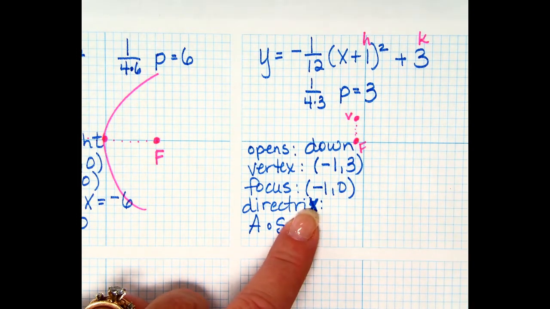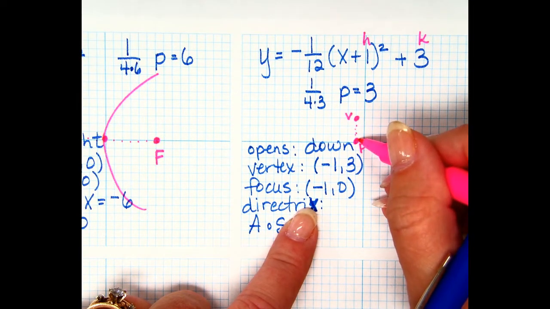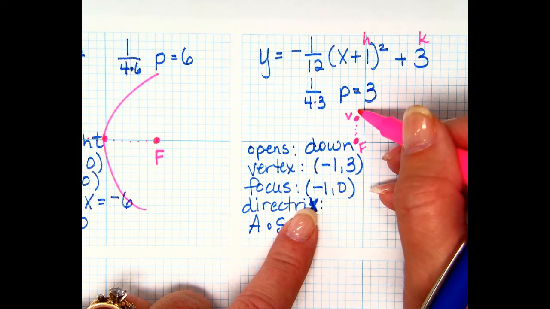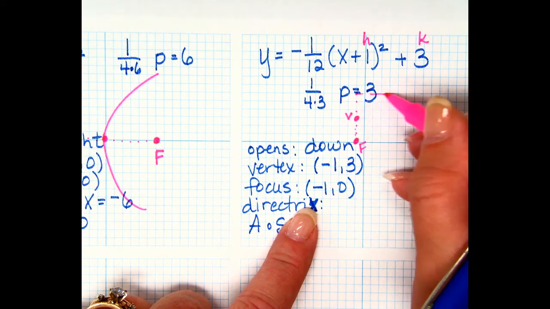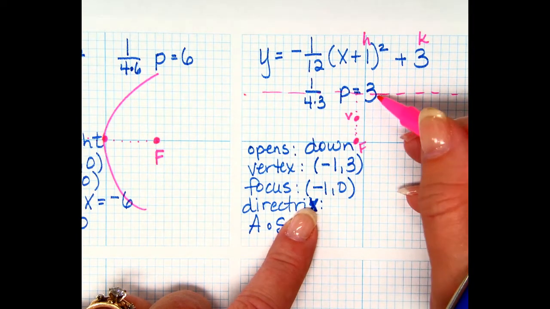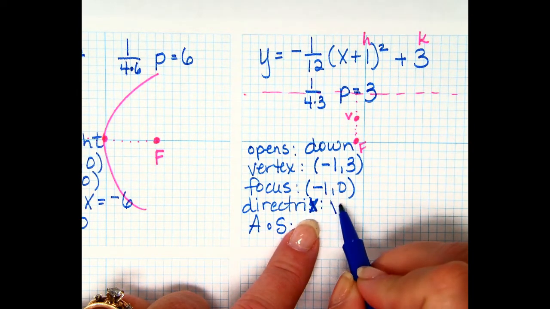Where's my directrix? If here's my vertex and my focus is down, where's my directrix? Up. How many? 3. That's right there, right? Which axis is this crossing? It's crossing the y-axis.